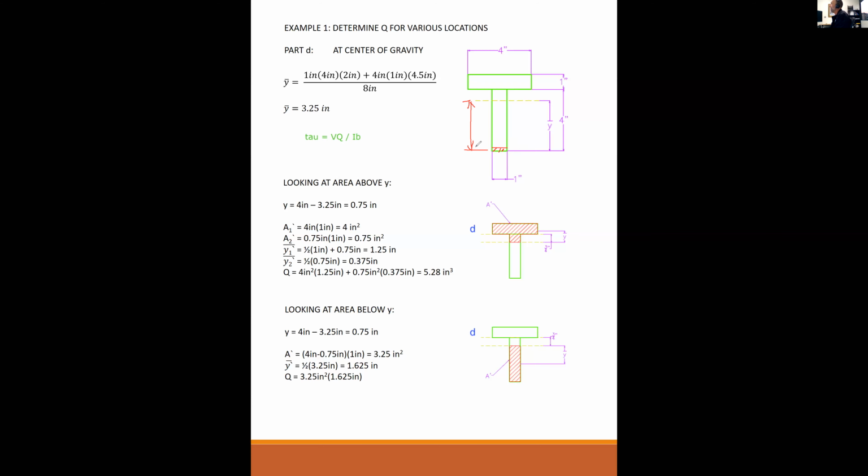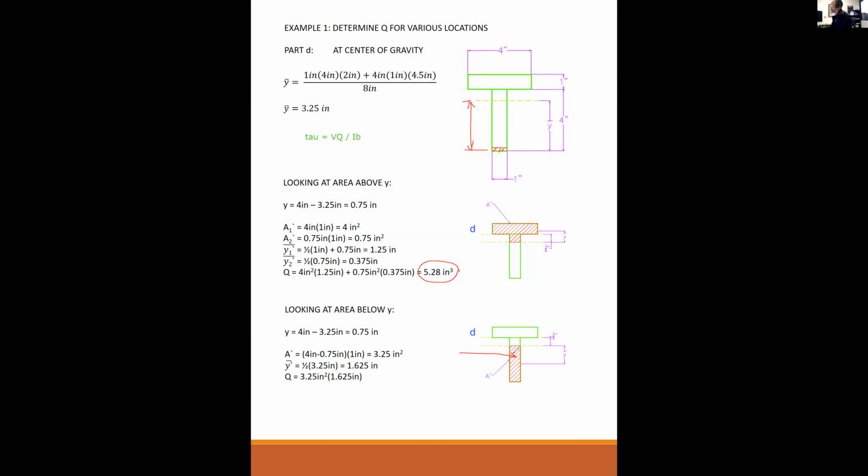Because A is very small, that's not going to produce a very large Q. This one right here is actually the biggest Q possible. All the way to the neutral axis is the biggest Q possible, which is that number right there.